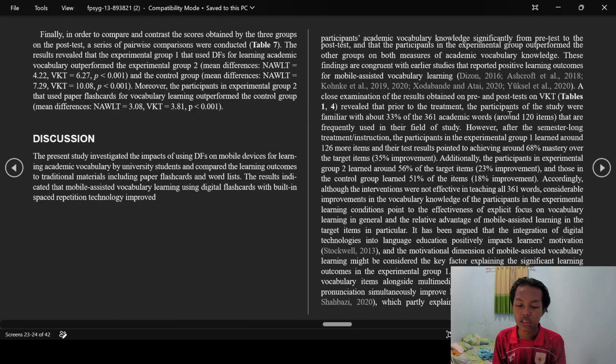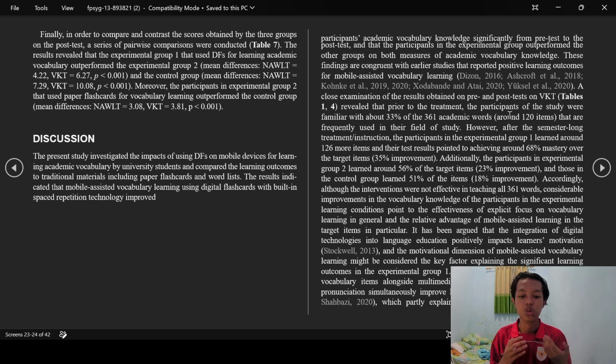Based on the research, the use of digital flashcards had a positive impact on students' academic vocabulary learning. The study found that students who learn through digital flashcards show better vocabulary achievement compared to those who use conventional learning methods.